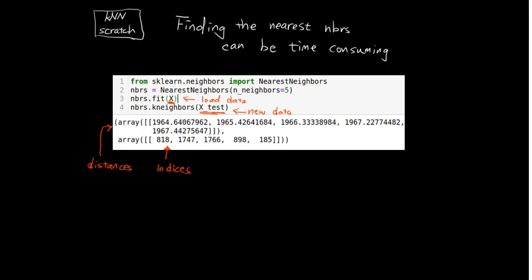Let me show you one more thing. If you use NearestNeighbors, you can set the algorithm, and there are a few different choices. By default, it is auto, but you can also search for other options.